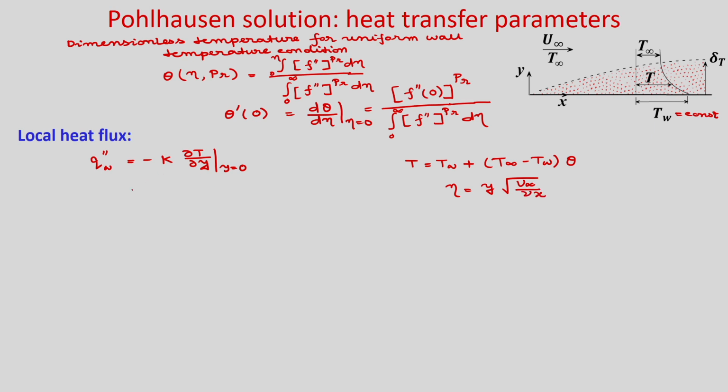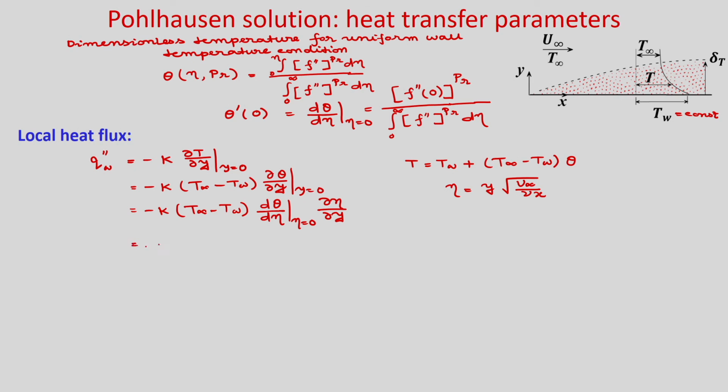Now you can write minus k del T by del y. Tw is constant in this case, so you can write T infinity minus Tw times del theta by del y at y equal to 0. So, minus k (T infinity minus Tw). Now you write d theta by d eta at eta equal to 0, and del eta by del y, which is root of u infinity by nu x.